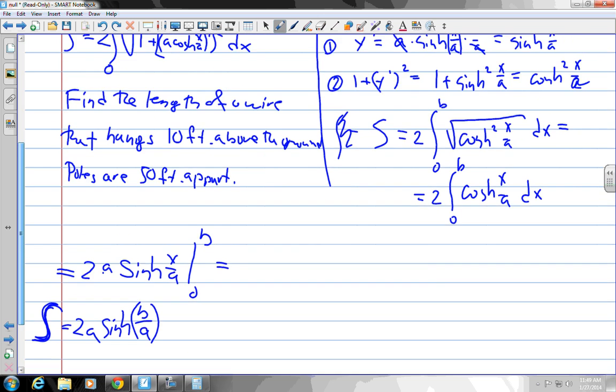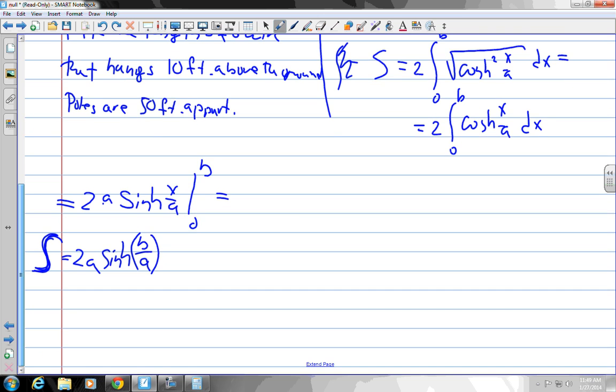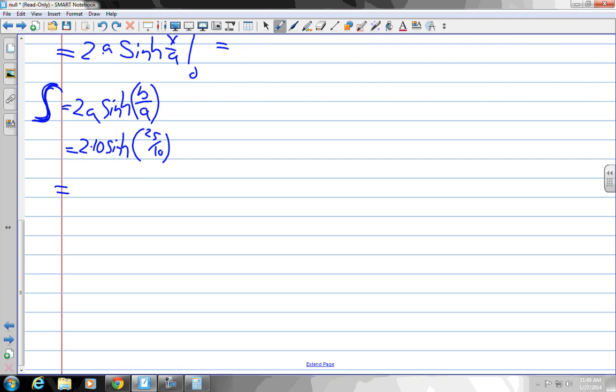So like in this case, a is 10 and b is 25. So it becomes 2 times 10 hyperbolic sine of 25 over 10. So I was kind of right for wrong reasons, but it's okay. Of whatever, 5 halves. Right?